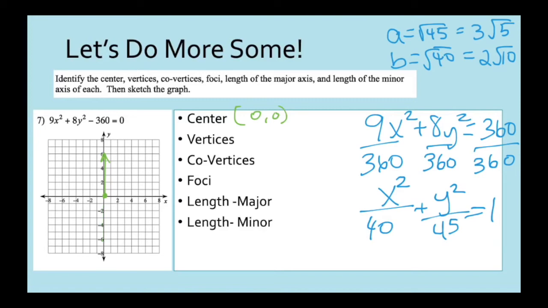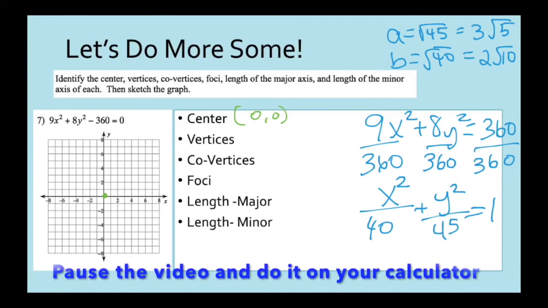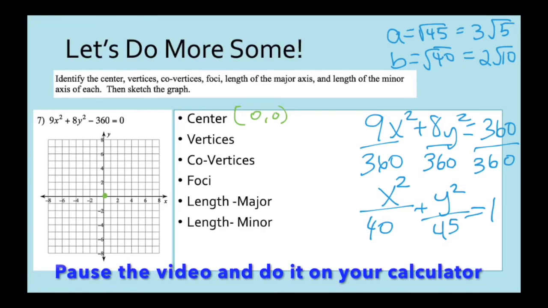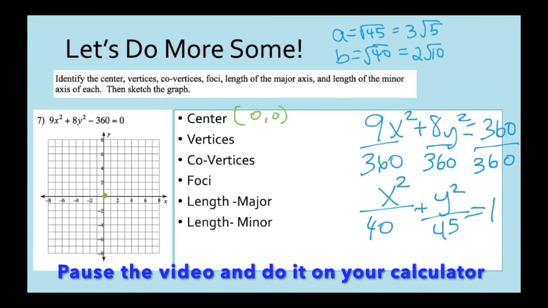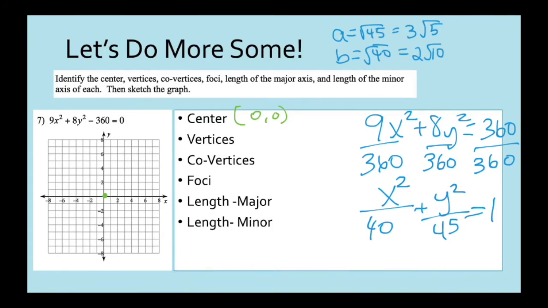So we need to get a decimal value for that. 3 square root 5 is how much? Go ahead and put that into your calculator. When I did it on my calculator, I got 6.7. So I'm going to come up to 6.7, and then I'm going to go down 6.7.